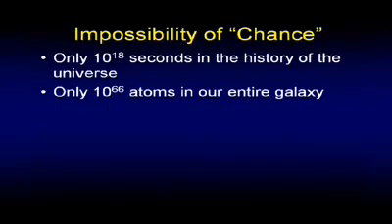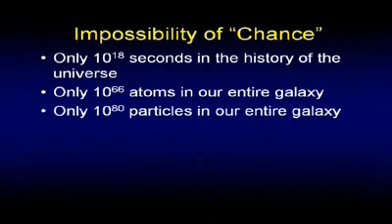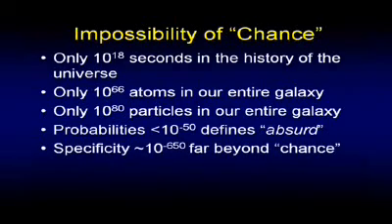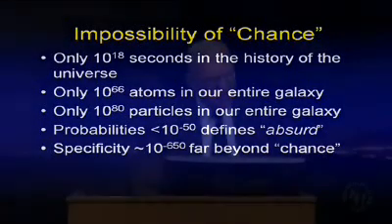How many atoms are in our galaxy? Only 10 to the 66th. These are giant numbers. There are only 10 to the 80th particles in our entire galaxy, subatomic particles. And of course, anything more than 10 to the 50th is defined as absurd. The specificity of a hemoglobin molecule is way, way beyond the possibility of it happening by chance. It had to be deliberately designed, is the point.